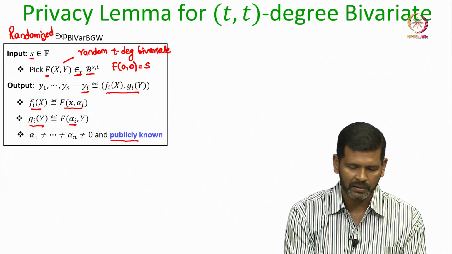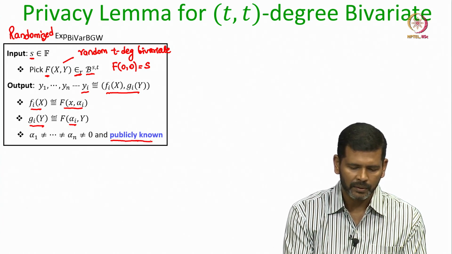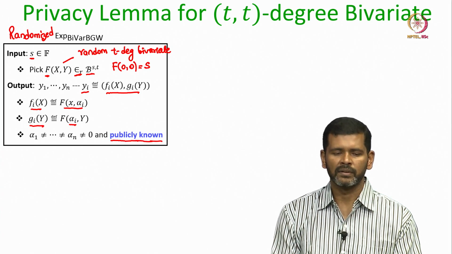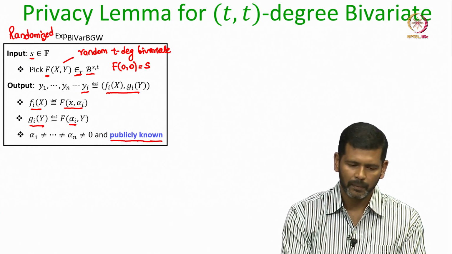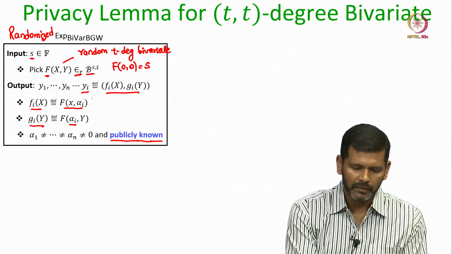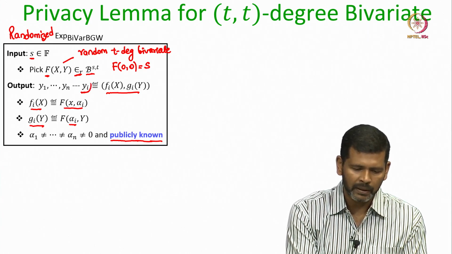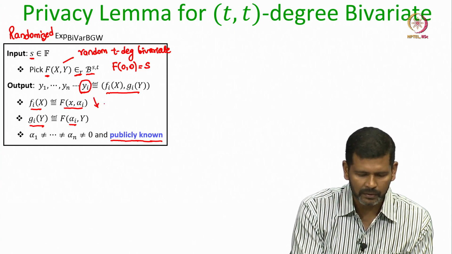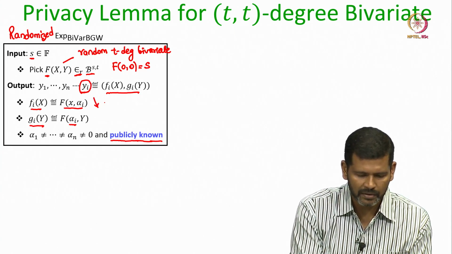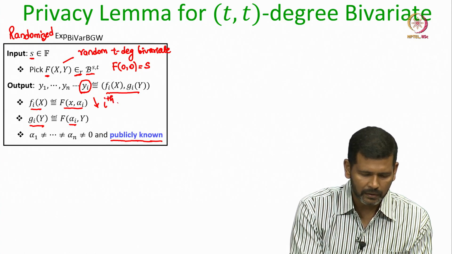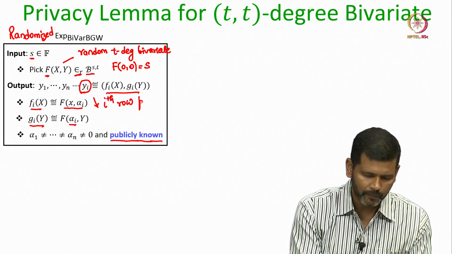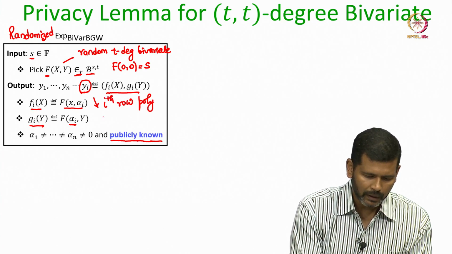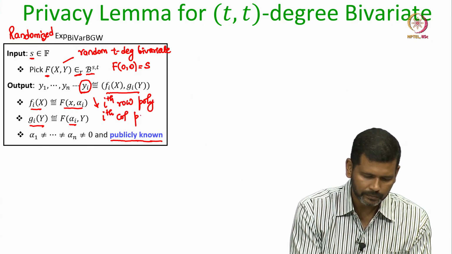They are fixed, they are not going to change during the different executions of the experiment. Intuitively, the ith output is the pair of the ith row and ith column polynomial.